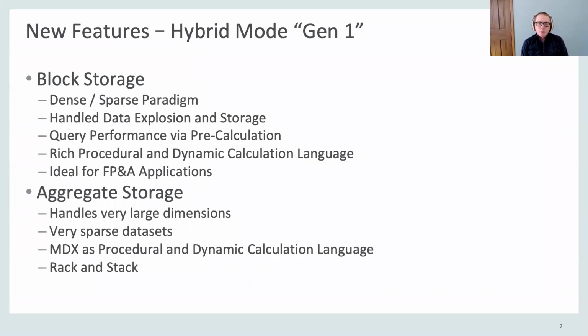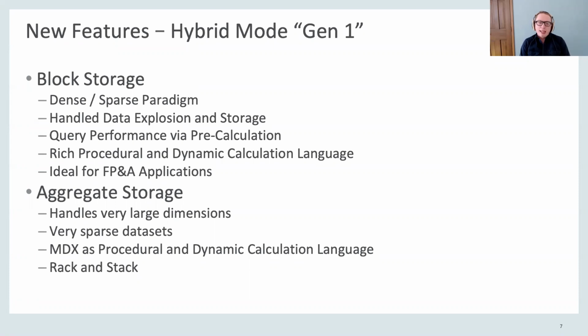And it was designed to handle the problem of data explosion that occurs when you build multidimensional models. So if you have 100 accounts in your model and 12 periods, well, you've got an array of 12,000 cells. But once you start adding 20 territories and 1,000 cost centers and 1,500 products, very quickly, the number of potential intersections gets out of control.